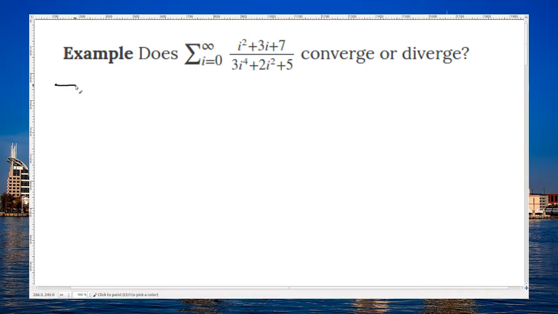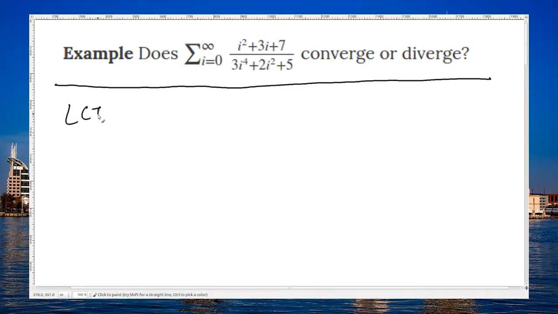In this example, the limit comparison test is a pretty useful technique. Generally, when you're using the limit comparison test, you want to look at the top and bottom of your fraction and look at the most important parts.